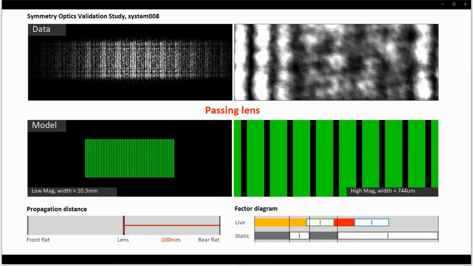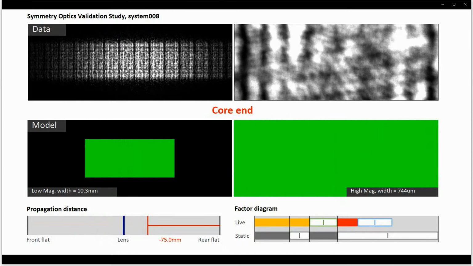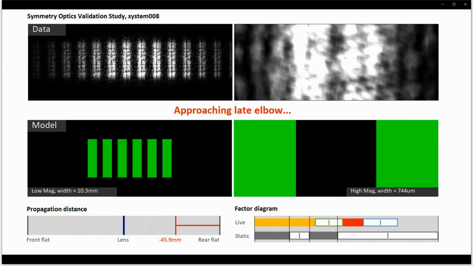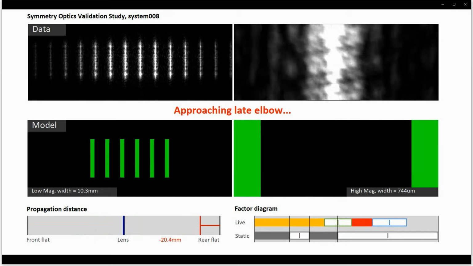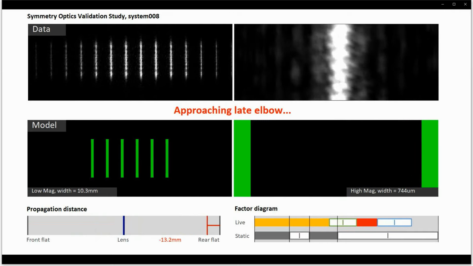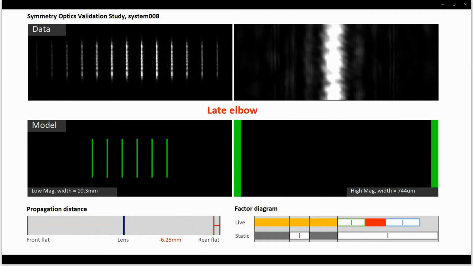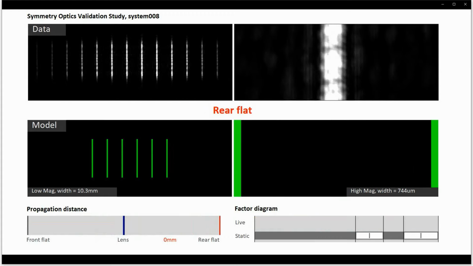We pass the lens. Then we reach the core end. Then the stripe gets narrower up to the late elbow. And then no changes up to the far limit, which is also the rear flat.